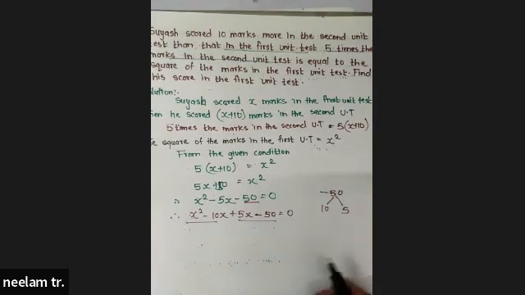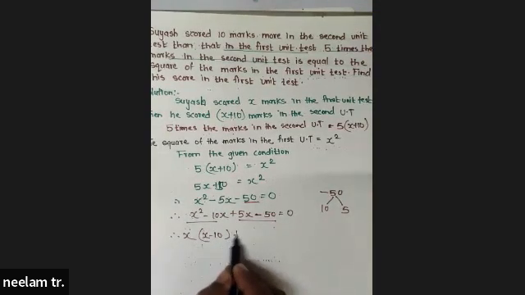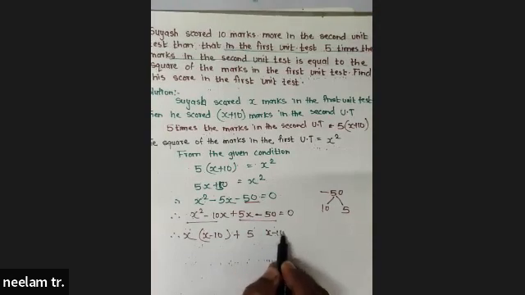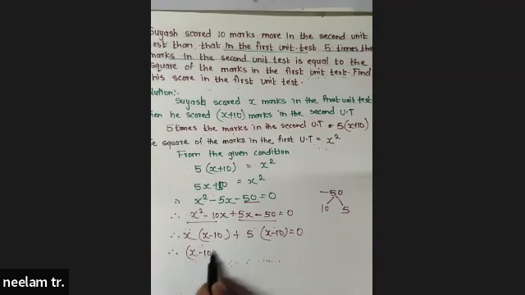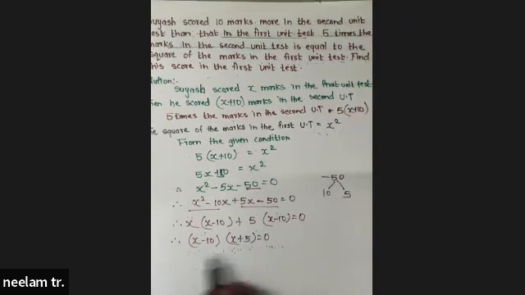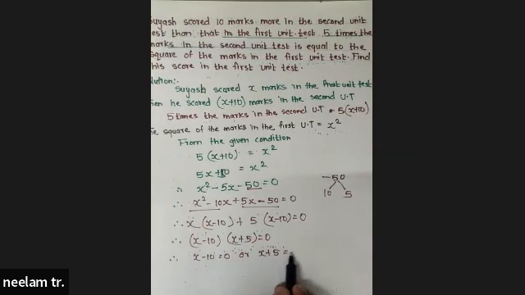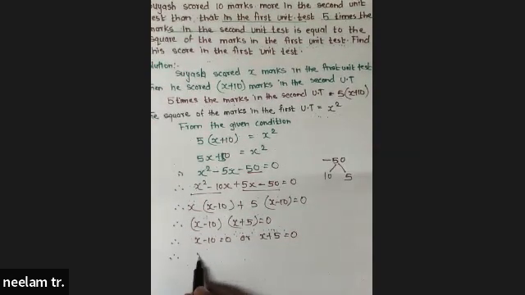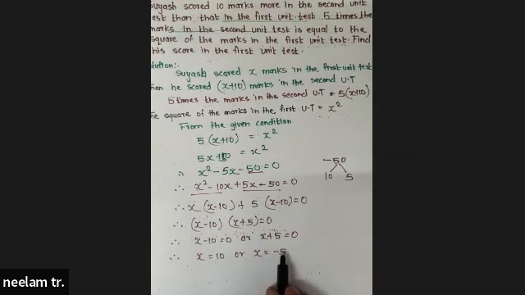Everyone knows the factorization method: x into x minus 10 plus 5 into x minus 10 is equal to 0. So x minus 10 and x plus 5 is equal to 0. Then x minus 10 is equal to 0 or x plus 5 is equal to 0. Therefore, x is equal to 10 or x is equal to minus 5.